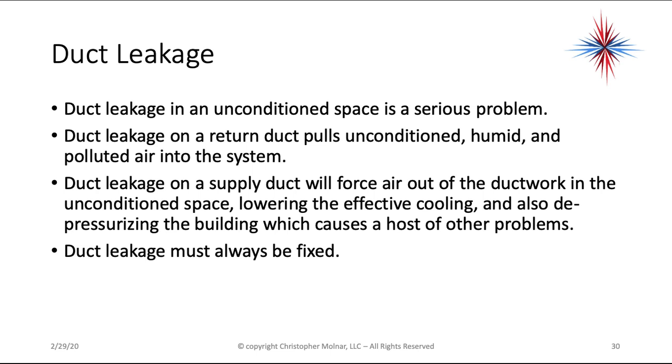Duct leakage on a supply duct will force air out of the ductwork into the unconditioned space, lowering the effective cooling, but also depressurizing the building, which causes a host of other problems. Duct leakage must always be fixed. You cannot avoid fixing duct leakage, and it is so easy to identify.